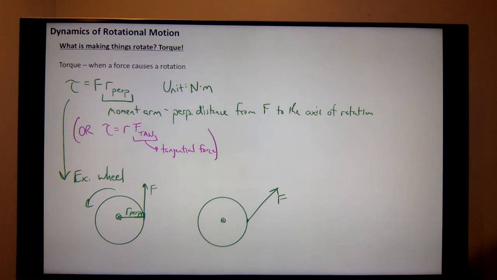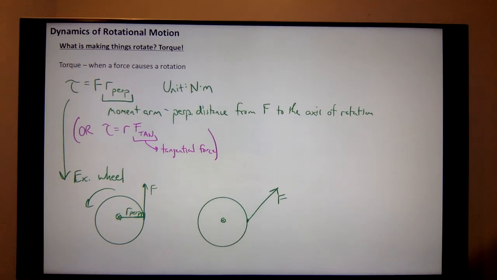Well, you know it's not great just by looking at it, and you know that because you're not going to get as much torque in this situation to help you unscrew the bolt. Here's the reason why. Well, the force is easy enough to see. It's just F, but if I want to find R perp, the moment arm, I need a line from the axis of rotation that's perpendicular to that force, and you can see none of those are perpendicular.